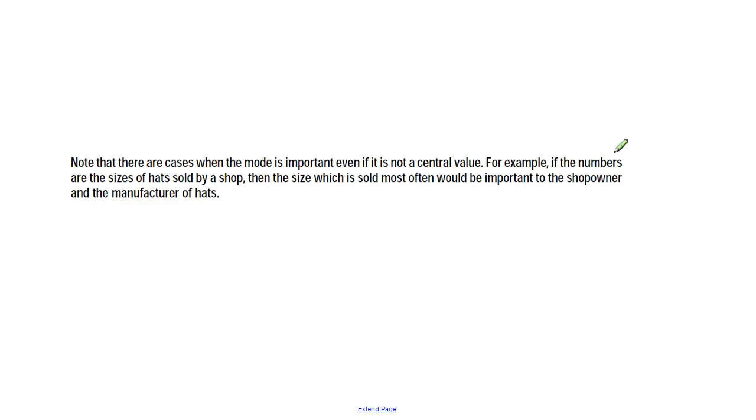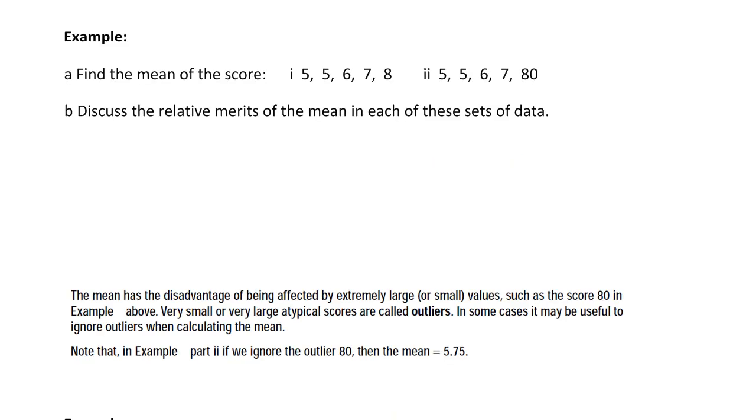For example, it says here, if the numbers are the sizes of hats sold by a shop, then the size which is sold most would be important to the shop owner and the manufacturer of hats. They're not really looking so much at the measure of central tendency, they're using it to decide which hats they should produce in order to get the best profit. So you can use the mode for very important things, but it doesn't always tell you the measure of central tendency.